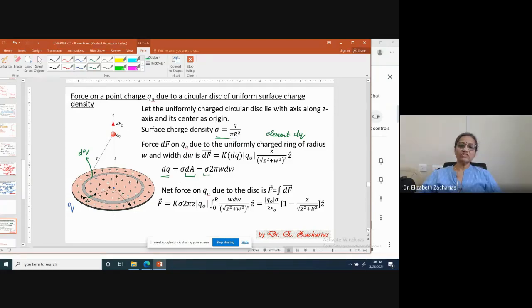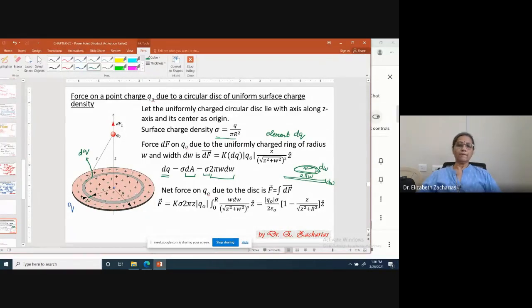That is the reason we get 2 pi w into dw. For others who have not understood, I have a ring of radius w and thickness dw. If I cut it and make it into a straight ribbon, it will have a length 2 pi w and a width dw. Therefore, I get the area as 2 pi w dw.